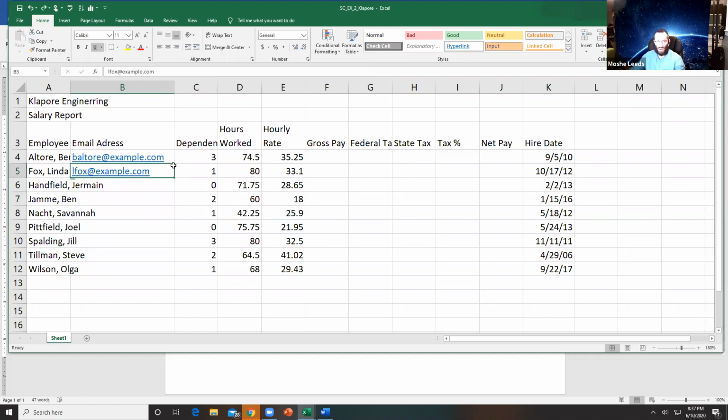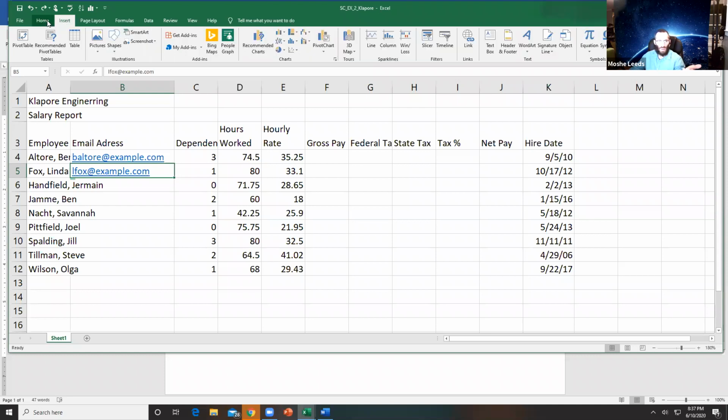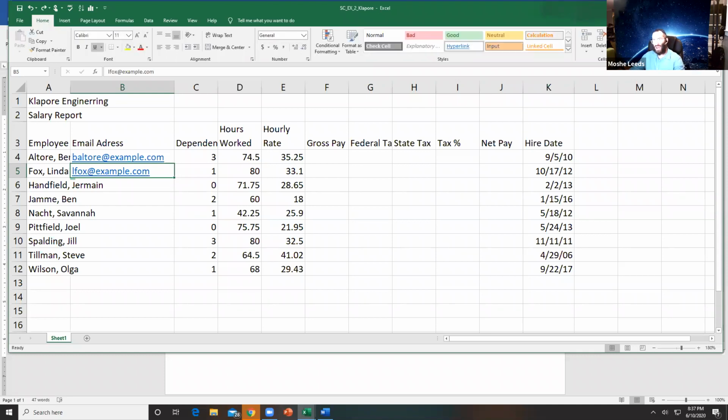I'm selected on B5. Make sure you're selected on B5, so you see B5 up in the corner there. And I'm going to go to my Editing box by the Home page, and I have this Fill button. I'm going to drop it down. I'm going to have a Flash Fill button here. I'm going to select Flash Fill and watch what happens. Check it out.